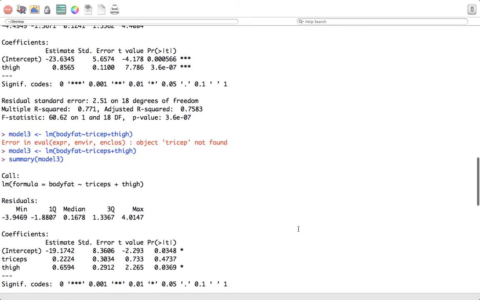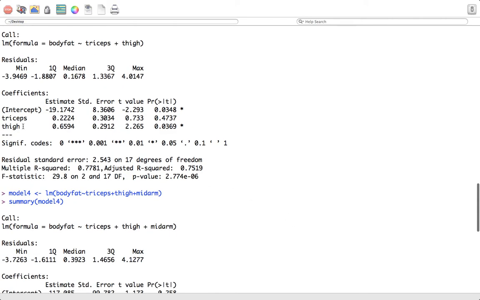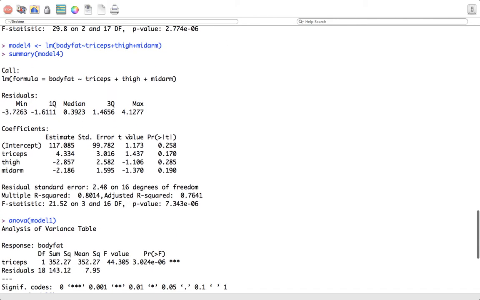Now, when we come down to our two predictor model with triceps and thigh, we can see that our standard error increases, which is kind of weird, in both cases to 0.3034 and 0.2912. When we go all out with a three predictor model, we can see that the standard error for B1 is 3.016 and for thigh is 2.582.